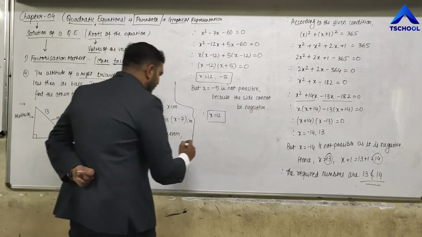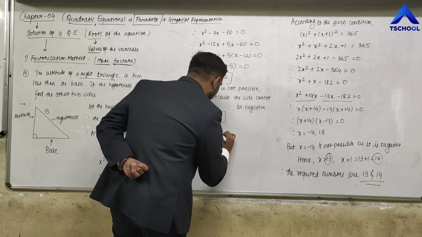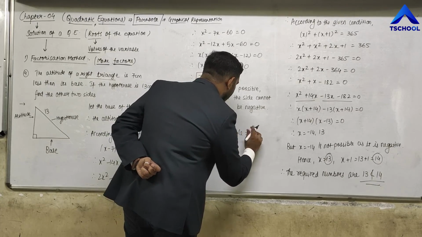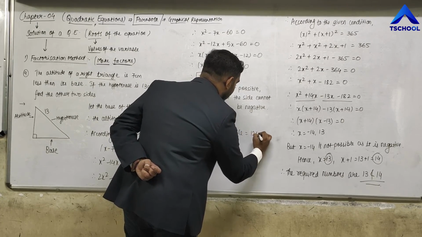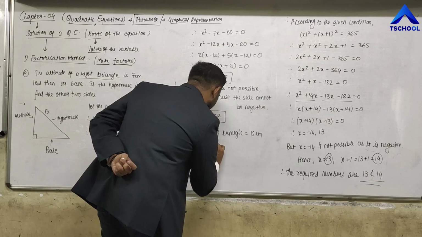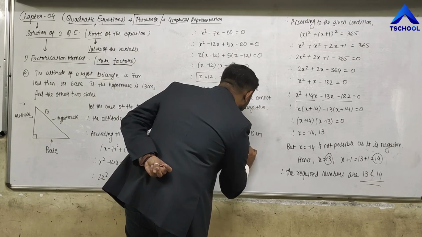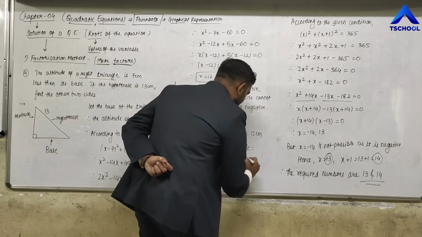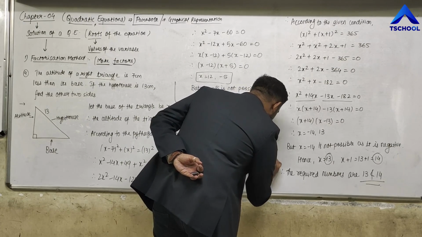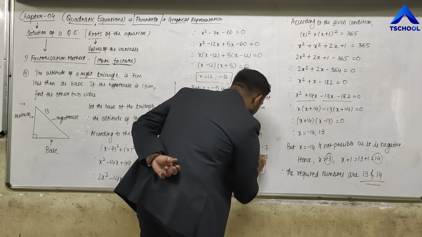Therefore the base of the triangle is equal to 12 centimeter, and the altitude of the triangle, that is x minus 7, that is 12 minus 7, and that is 5 centimeter.